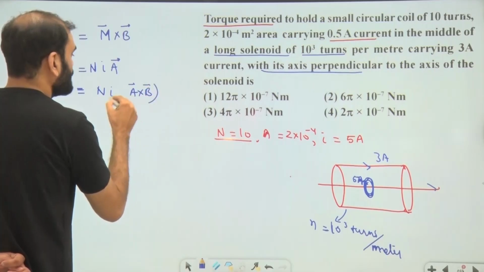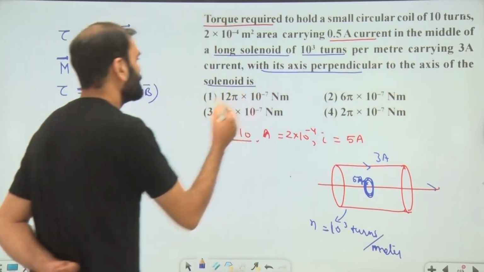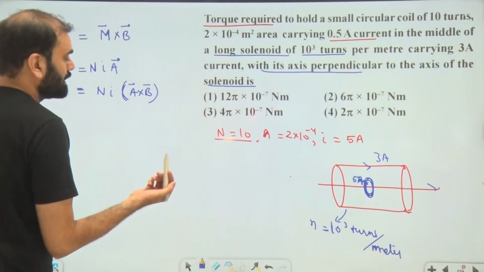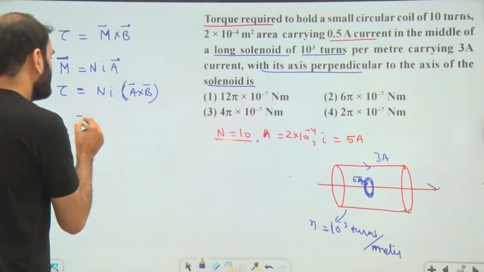It is given that the coil's axis is perpendicular to the solenoid axis.